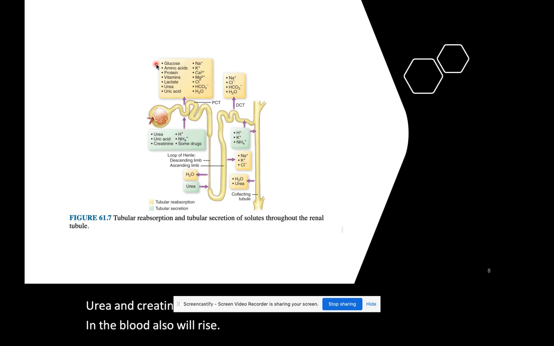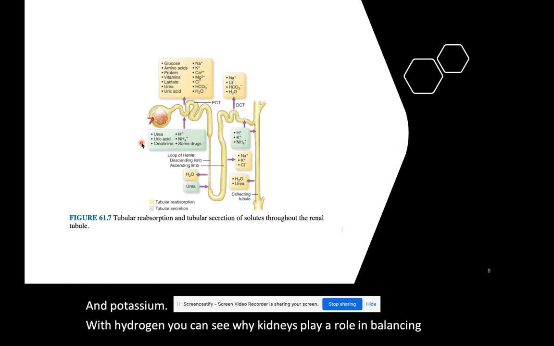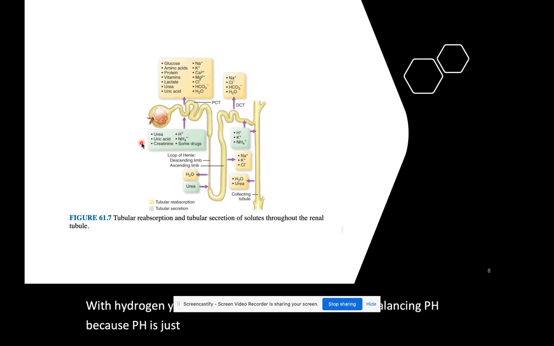Major ions that are secreted are hydrogen and potassium. With hydrogen, you can see why kidneys play a role in balancing pH, because pH is just a measure or a metric of hydrogen concentration.